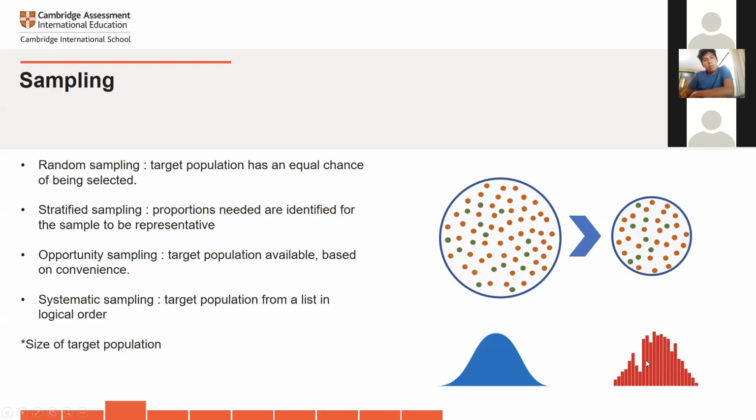In a sample, they may not have exactly the same distribution as if we were to analyze the whole target population, but it gives us the same idea, the same curve or the same graph, with a little distortion. But just that. So we do sampling to analyze larger groups of people and to not spend as much money or as much effort as we would if we were to analyze each and every one of them, like they do in a census. These are the results in a census. These are for the experiments.